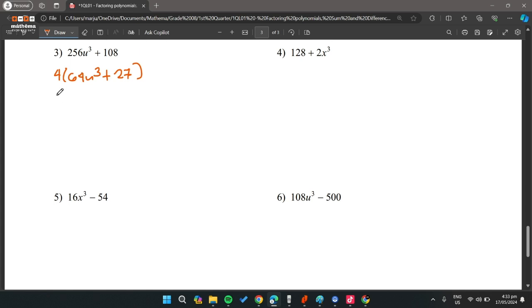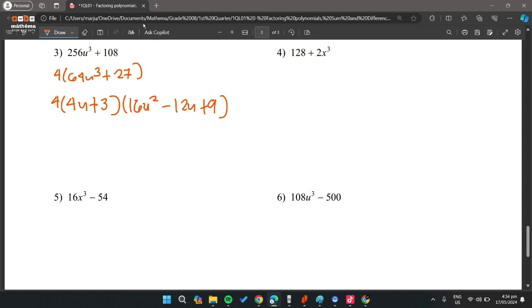So we have 4. Cube root of 64 is 4, so we have 4u plus the cube root of 27, which is 3, times 4u squared, that is 16u squared, and then minus the product of these two, 4u times 3, that gives you 12u, and then 3 squared is just 9. So that will be again our factor for number 3.